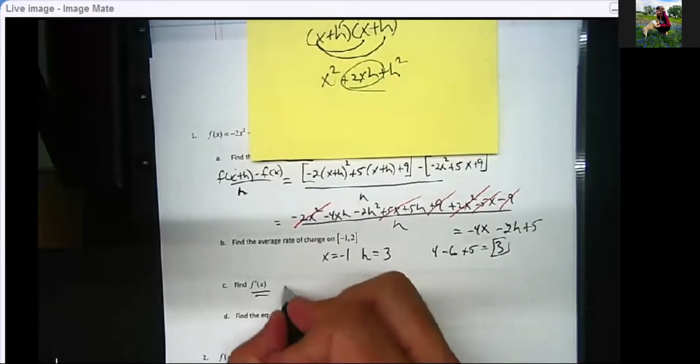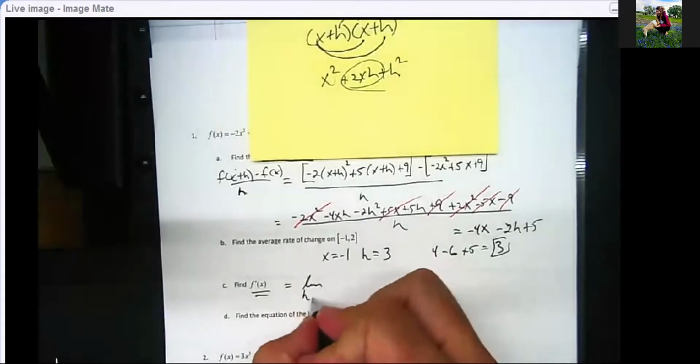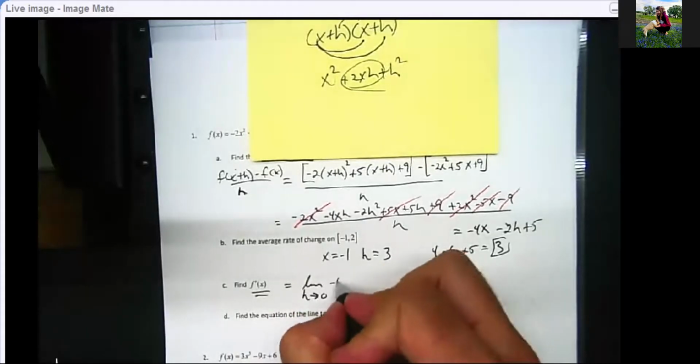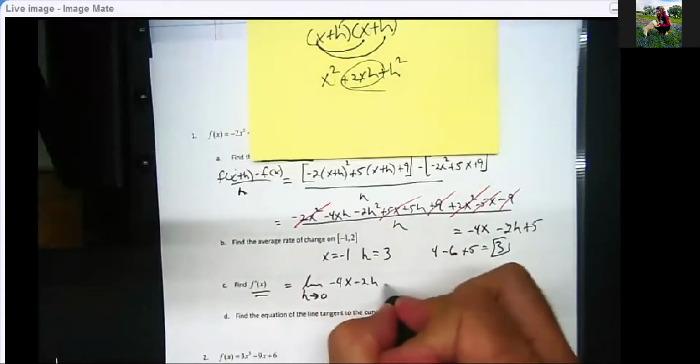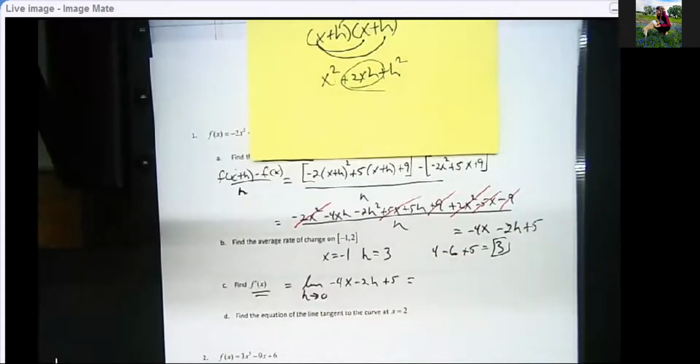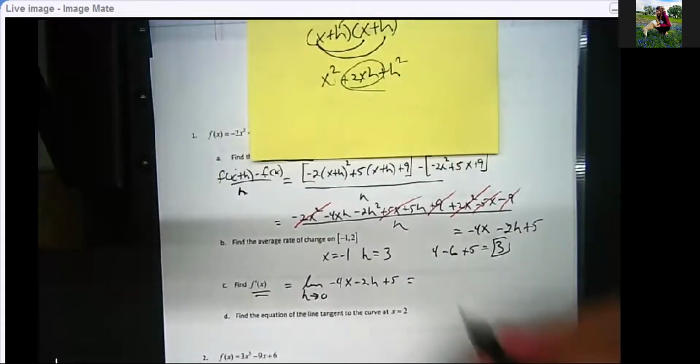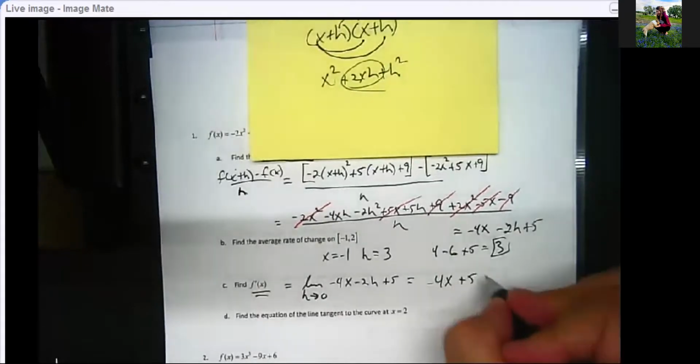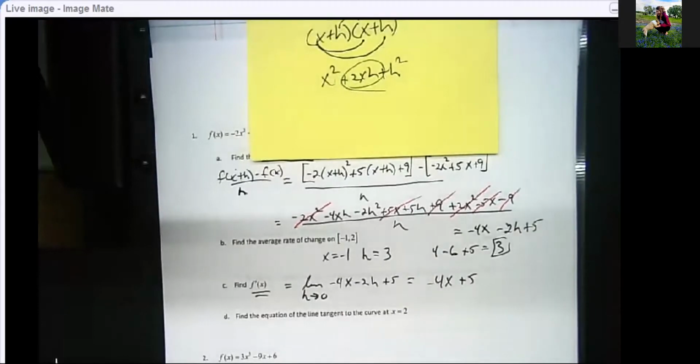So all we wanted to do is take the limit as h goes to 0 of the AROC. So what happens as h gets super duper close to 0? And so now you found the instantaneous rate of change for every x that you could imagine.